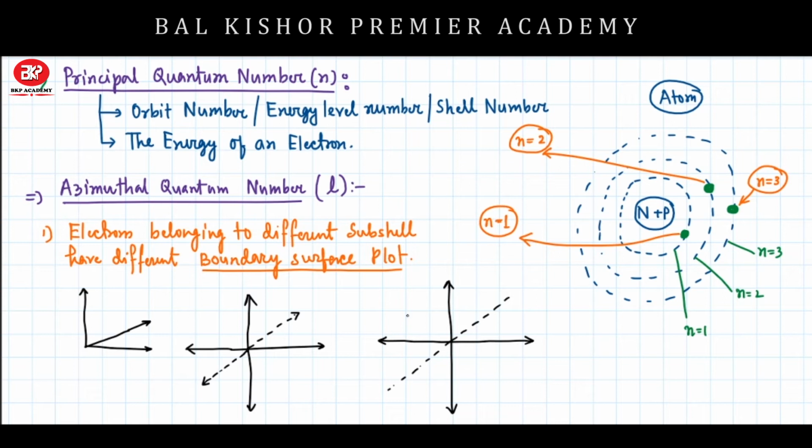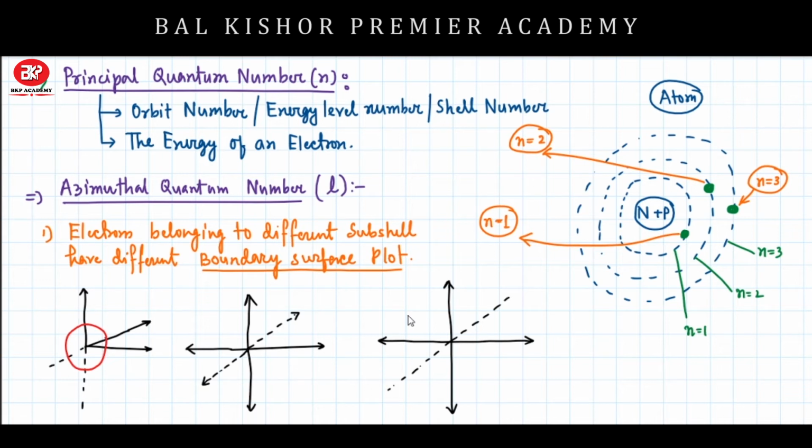Now, one type of boundary surface plot that is found for the electrons inside atoms can be a spherical boundary surface plot.